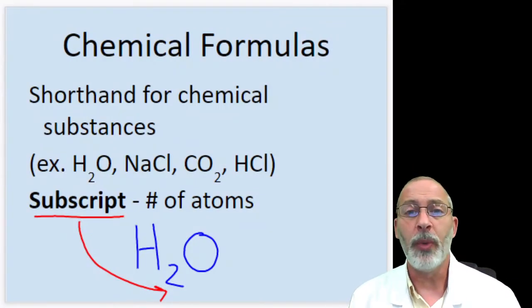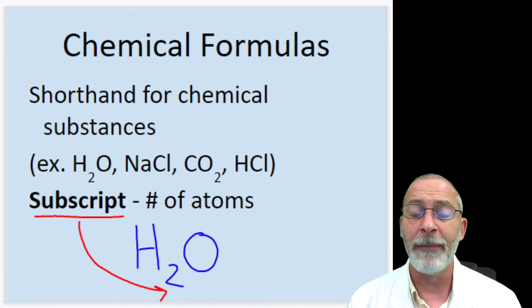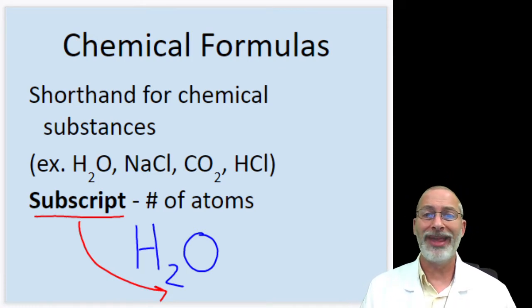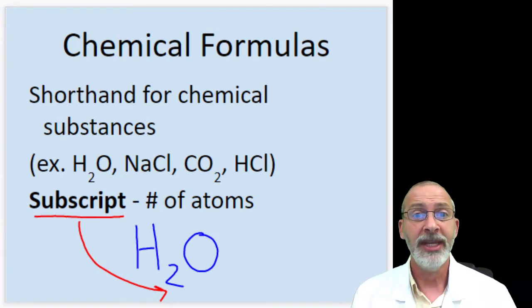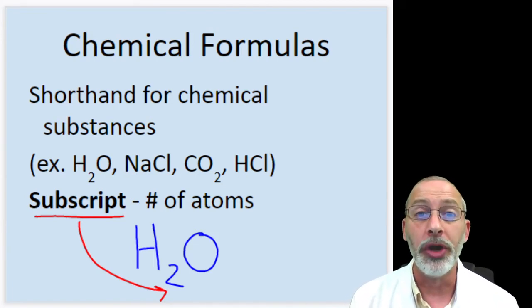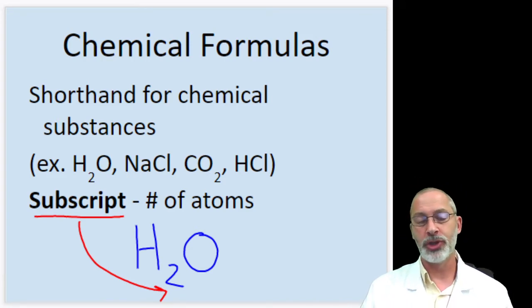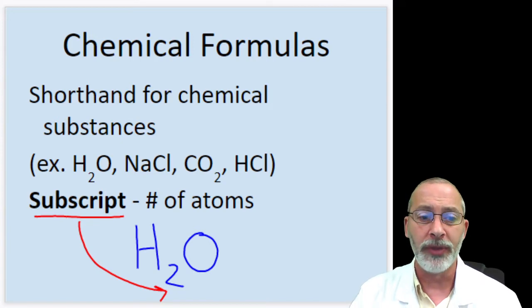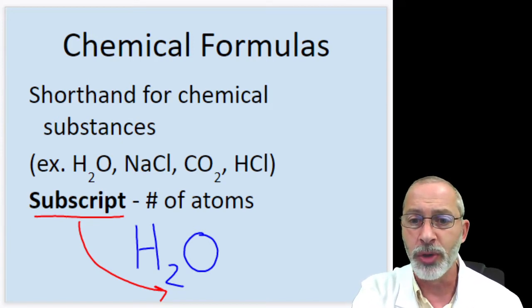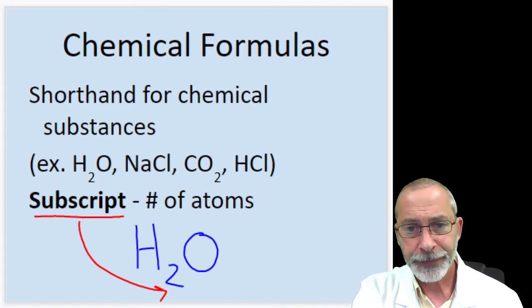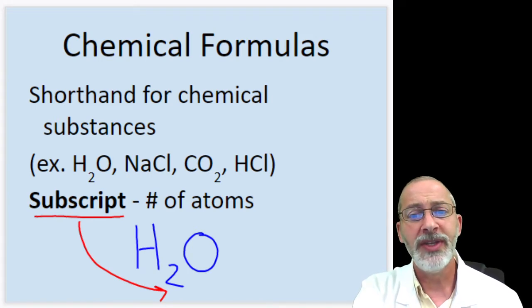And yesterday we finished up with chemical formulas, the shorthand for chemical substances, and used the analogy that chemical formulas are like the words in the language of chemistry. I want you to refresh your memory with this illustration from your notes, and how this chemical formula is made up of symbols and subscripts.